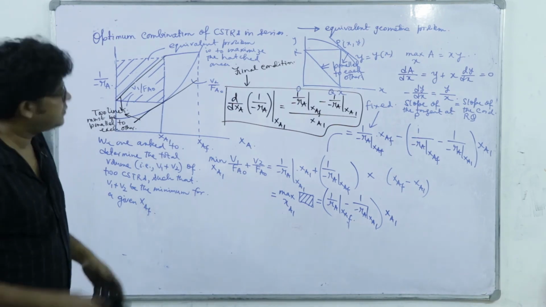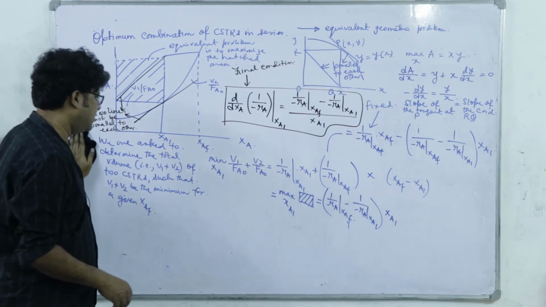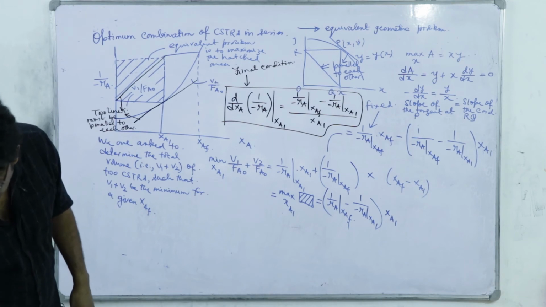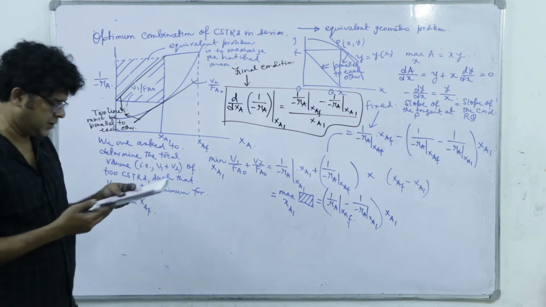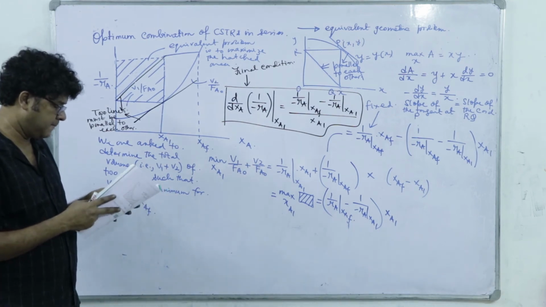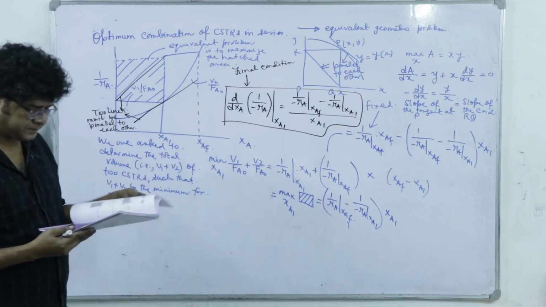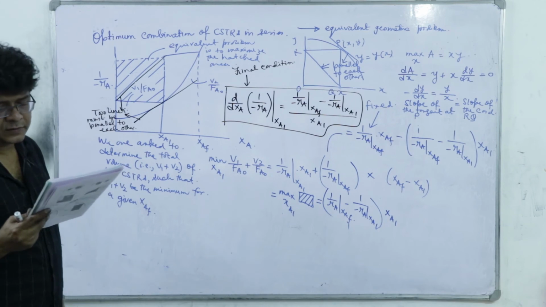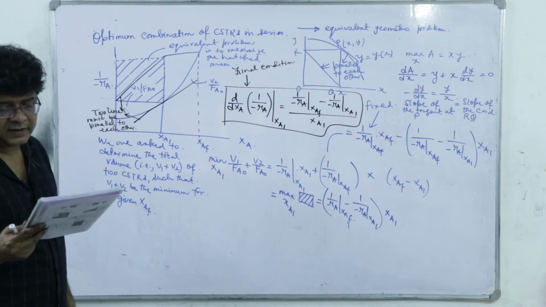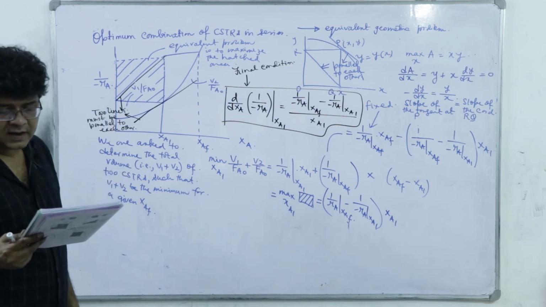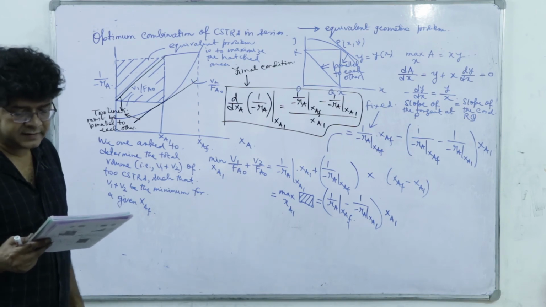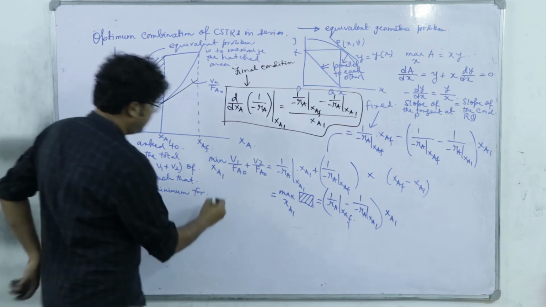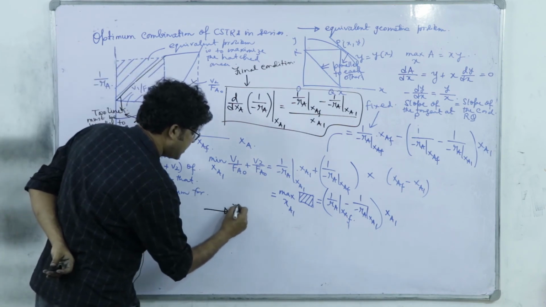So, this condition has been tested for multiple different kinetics, and from there what is the conclusion? The conclusion is that for reactions with order greater than 1, smaller reactors should come first, and for order less than 1, the larger should come first. So, what is the final recommendation?